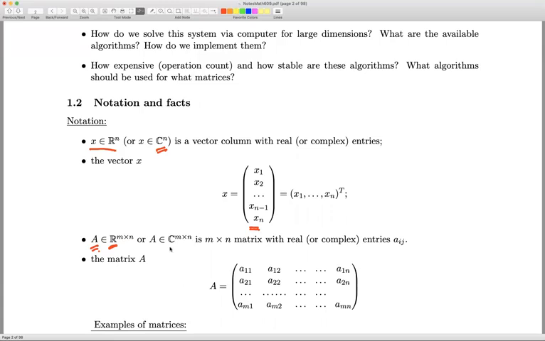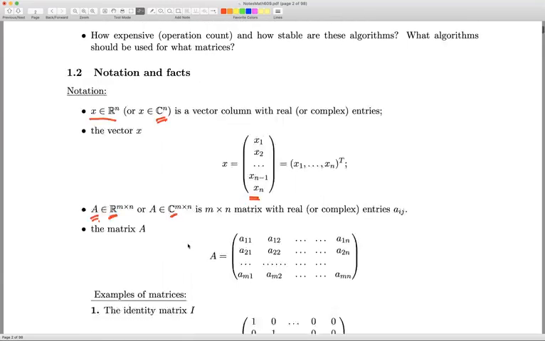The matrix can also have complex entries, and we will then denote this by writing A belongs to C m cross n. But in our algorithms, we will mainly deal with square matrices in which the number of rows is equal to the number of columns.